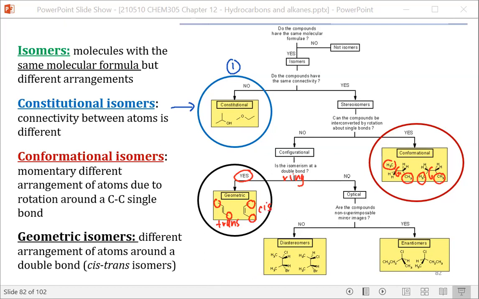Geometric isomers are a different arrangement of atoms in three-dimensional space next to a double bond, a triple bond, or a single bond that's part of a ring structure. Any bond essentially where you don't get free rotation about that bond. For carbon atoms, that's going to be single bonds that are part of a ring, double bonds, or triple bonds. And then, of course, there's more types of isomers. They can get really complex. And we're not going to go into diastereomers and enantiomers in this class.